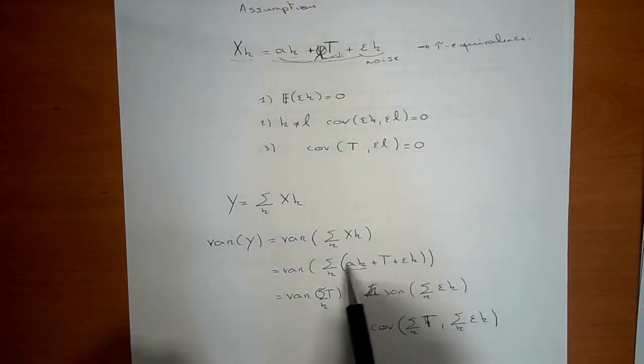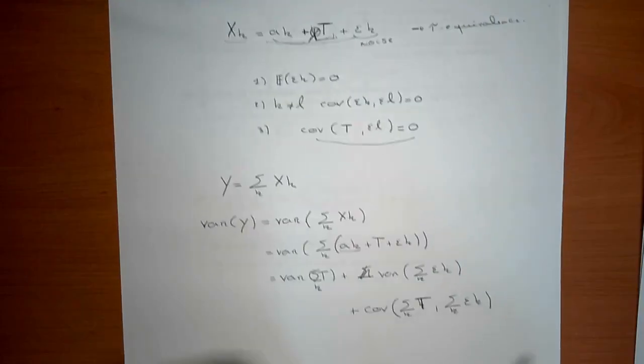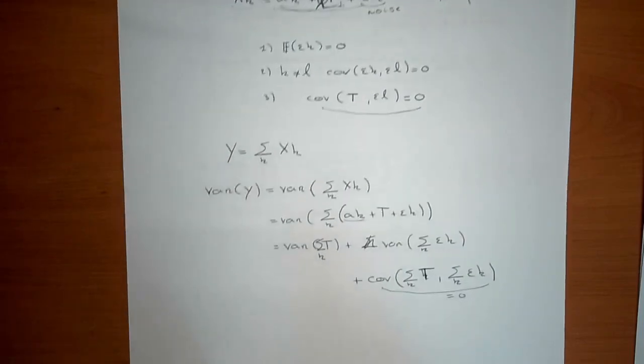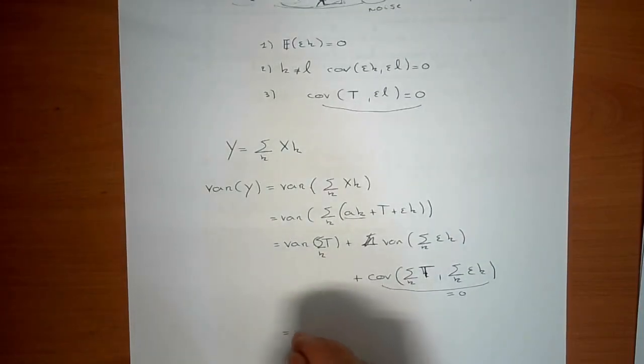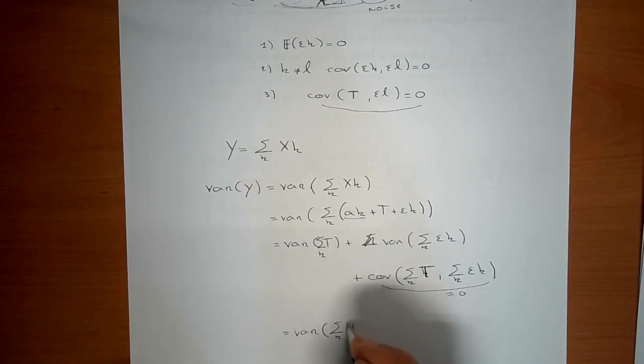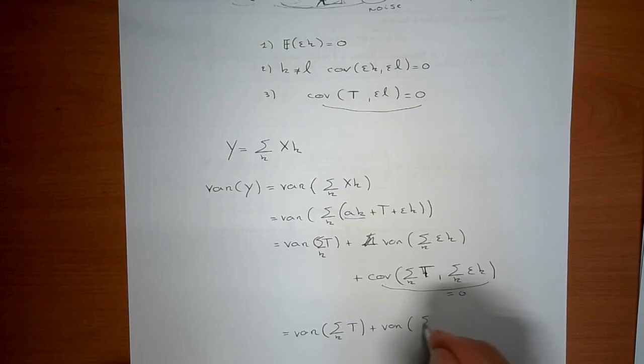But because of the third assumption, this last part drops out and equals 0. So you have the variance of the sum of the same T plus the variance over all the noise terms.